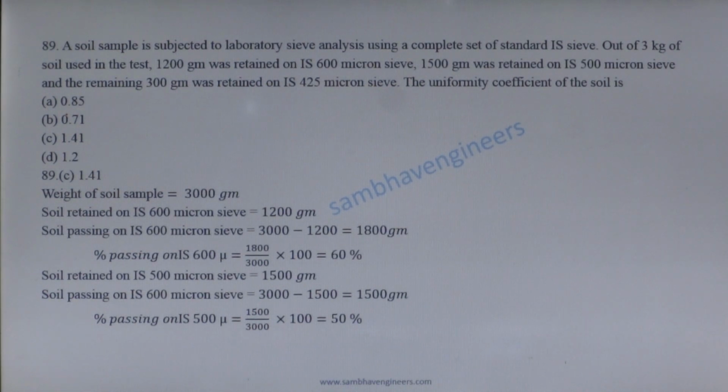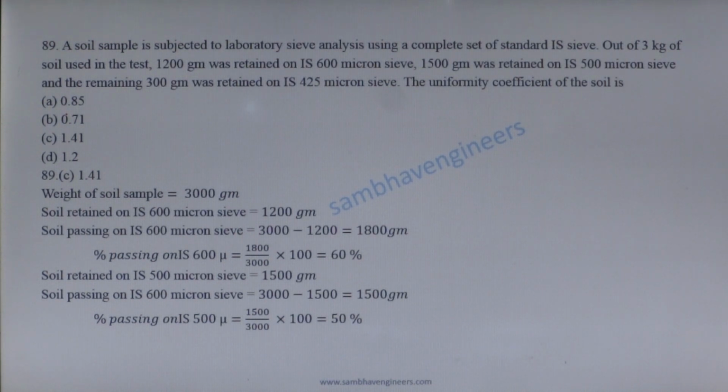A soil sample is subjected to laboratory sieve analysis using a complete set of standard IS sieves. Out of 3 kg of soil used in the test, 1200 gram was retained on IS 600 micron sieve, 1500 gram was retained on IS 500 micron sieve, and the remaining 300 gram was retained on IS 425 micron sieve.